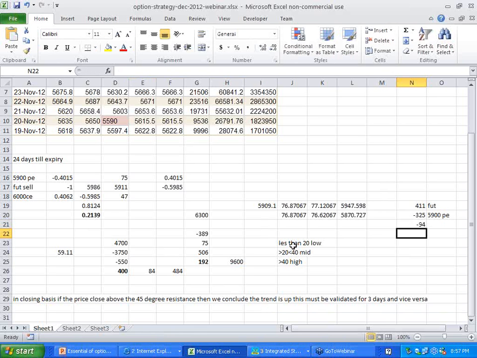So your loss is restricted to that maximum 400 rupees. So 8 points of losses in case of a wild fall, and in case of a great rise, your profitability is also going to increase in a great way. So this is the benefit of the delta neutral strategy.